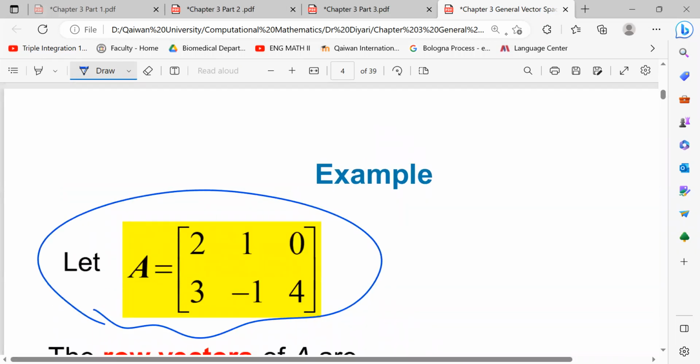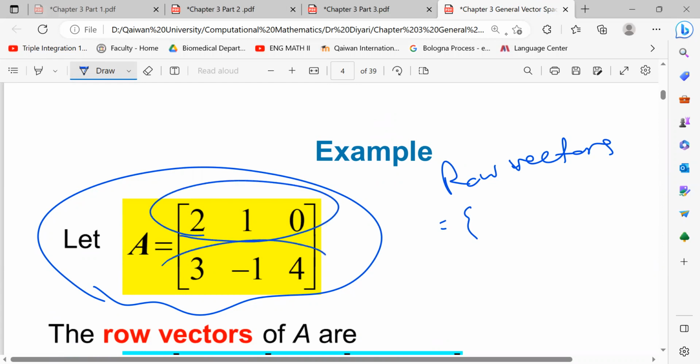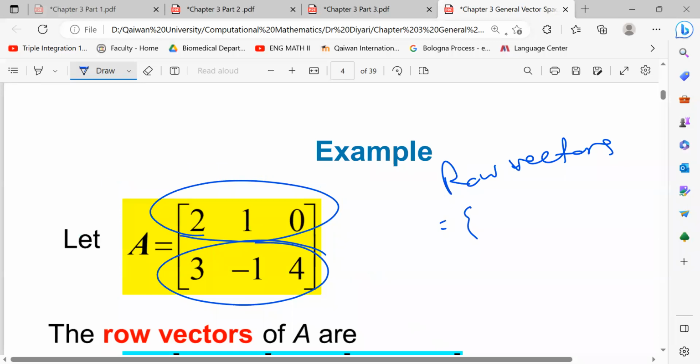To find the row vectors and column vectors, what are the rows? The rows in matrix A are this and this. So you take each as a vector.